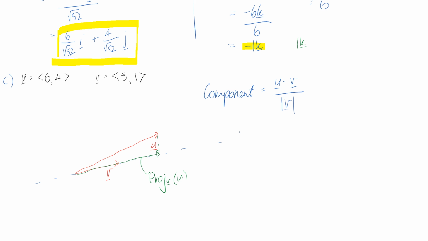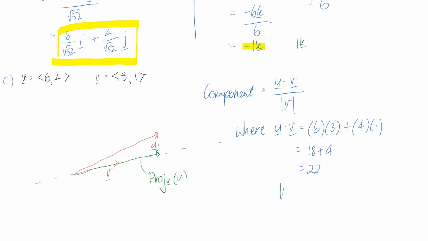So if we go through and figure out our dot product, so u dot v, it's going to be 6 times 3 plus 4 times 1. So this is going to be 18 plus 4, or 22.